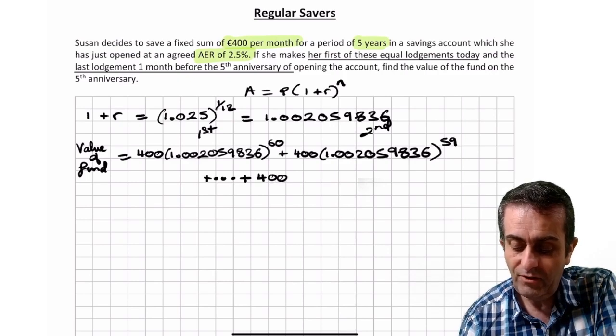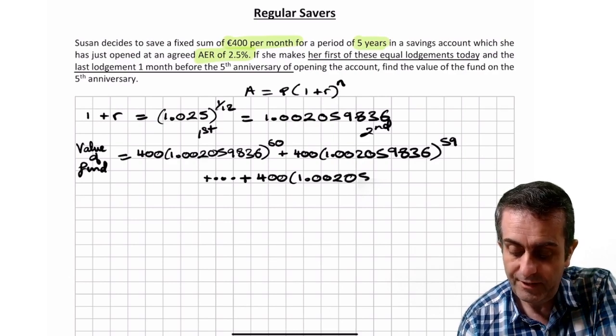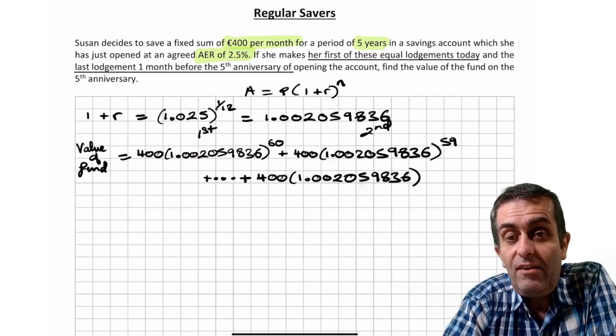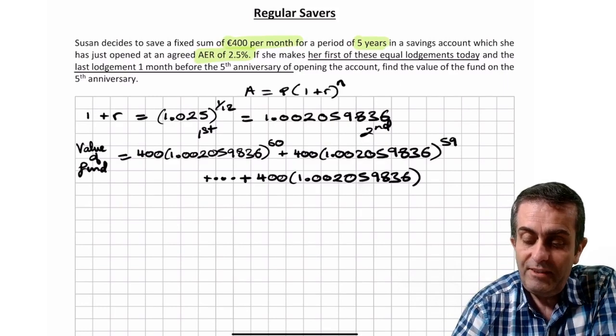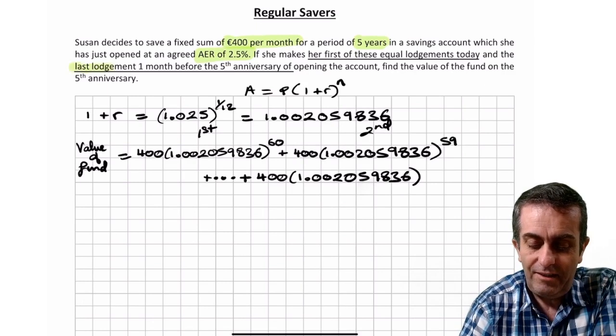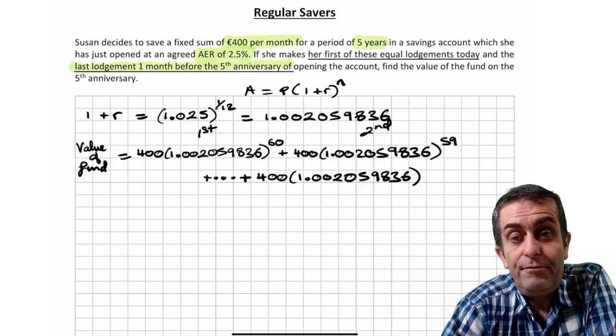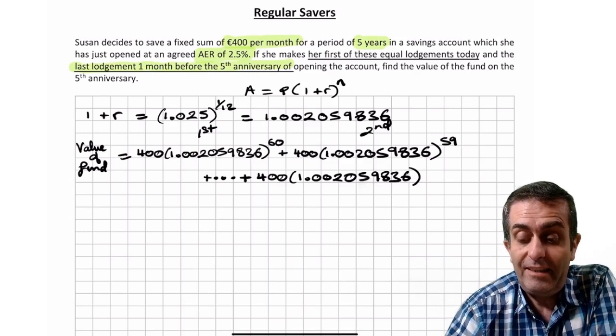Then if we look at Susan's last lodgement, it's 400 multiplied by 1.002059836 to the power of the amount of time that her last lodgement is going to be in the account. This is where I need to read very carefully the second thing that I underlined. Her last lodgement is made 1 month before the 5th anniversary of opening the account.